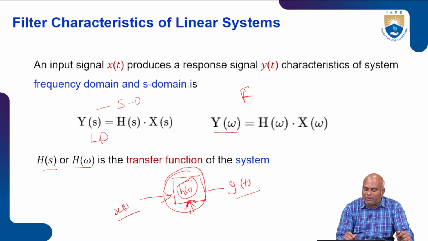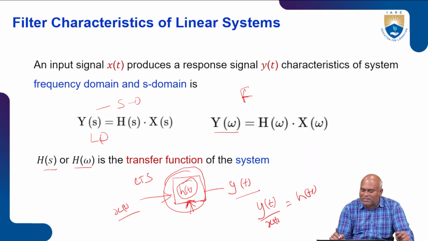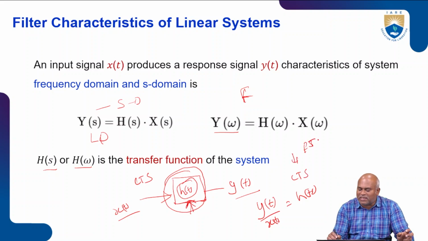Now you take a continuous time signal x of t as input, and the output is y of t. The transfer function is represented as y of t divided by x of t, that is h of t, as a continuous time signal. In the Fourier transform case, H of omega is represented as Y of omega divided by X of omega.